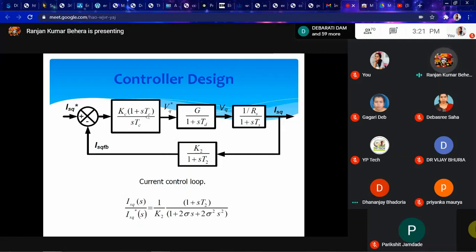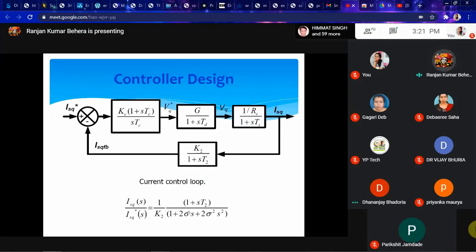Then Kc(1 plus sTc) divided by sTc, which is nothing but a PI controller, and this is the loop actually. So this is a PI controller, then the plant, then the inductor transfer function, then there is the feedback path gain, and then it comes to sT. So in the closed loop current control, you can see that in the closed loop there exists 1 plus sT2, a zero in the system, and this zero will create oscillation in the network.